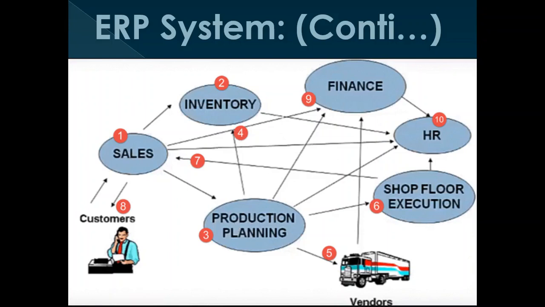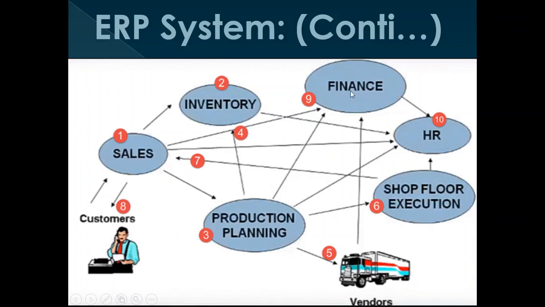Then they went to the production planning department. Production planning went to inventory. How much do we have? Inventory told them we have material for 40 cars.